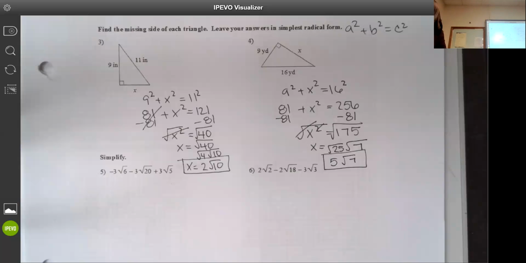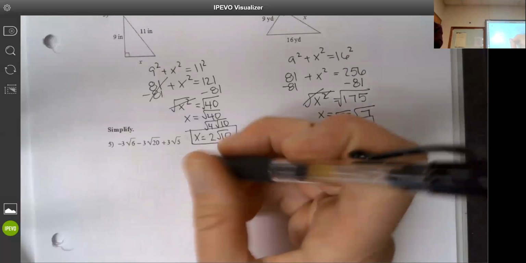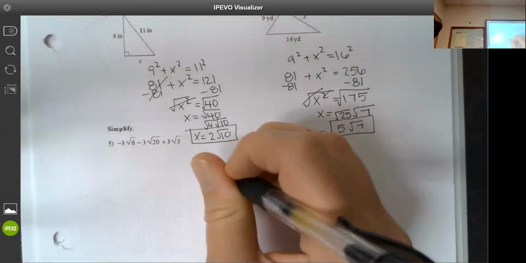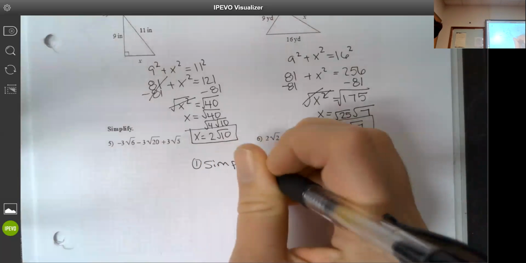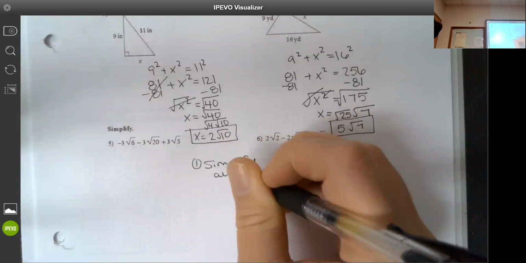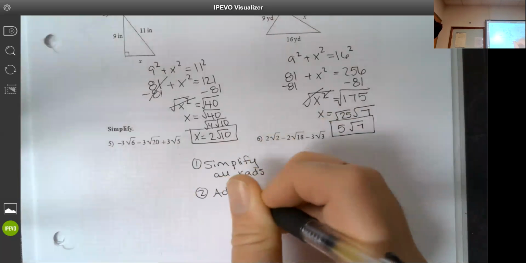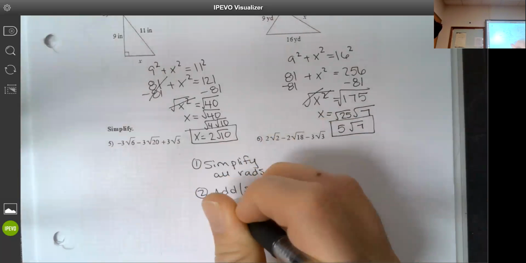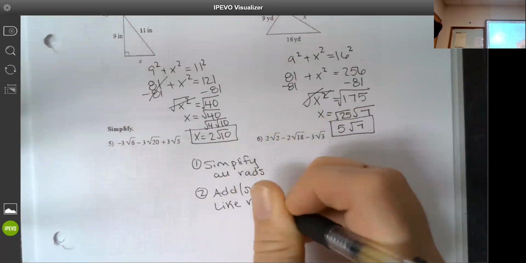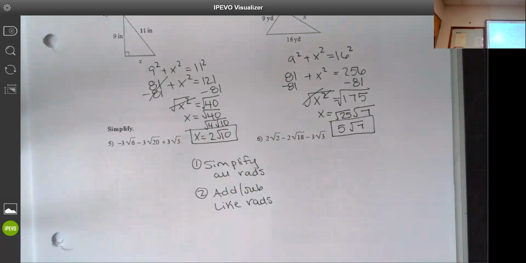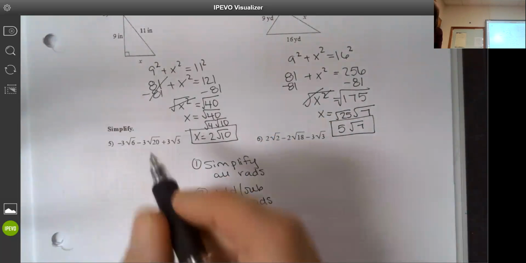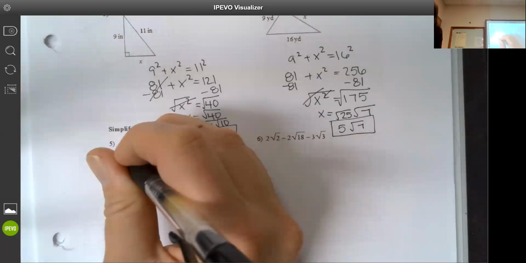And so to add and subtract, we first need to simplify all rads, and then I can only add or subtract like rads. So I can add rad 2s with other rad 2s, or rad 5s with other rad 5s. So looking at number 5, I can't simplify the square root of 6. There's no perfect square that goes into that.